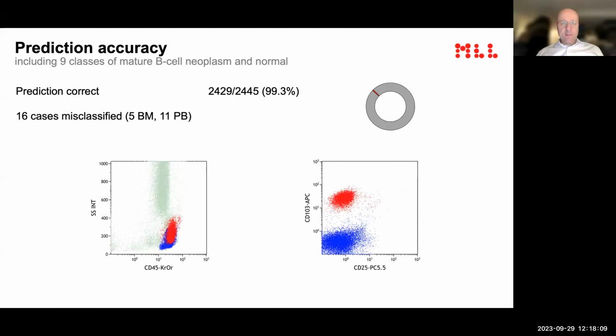For example, here, formerly called variant hairy cell leukemia with CD25 negativity had been misclassified as hairy cell leukemia, most probably because of a slightly increased side scatter signal, which is more characteristic of hairy cell leukemia.